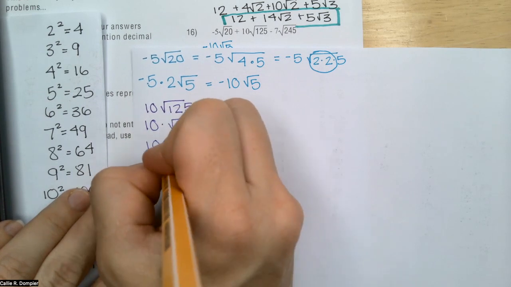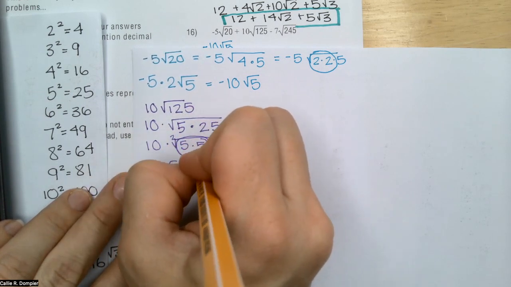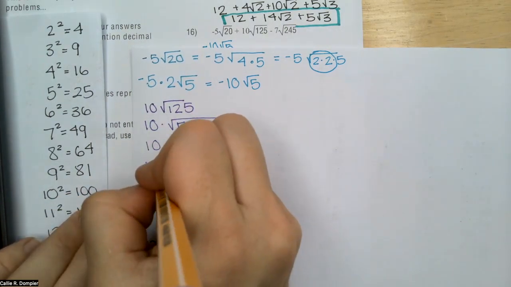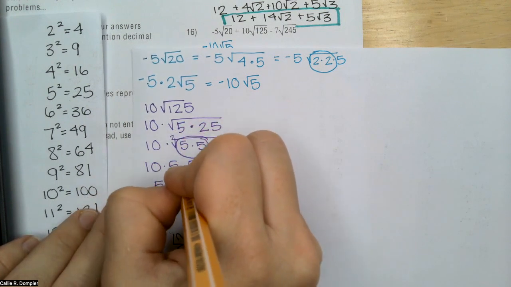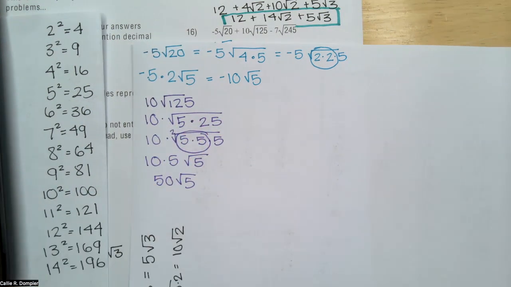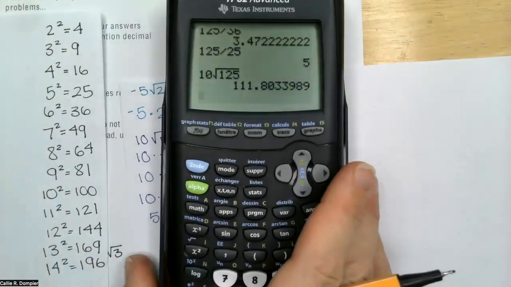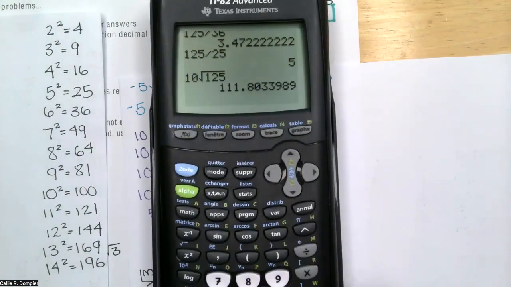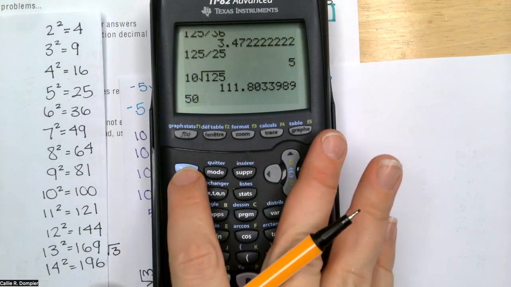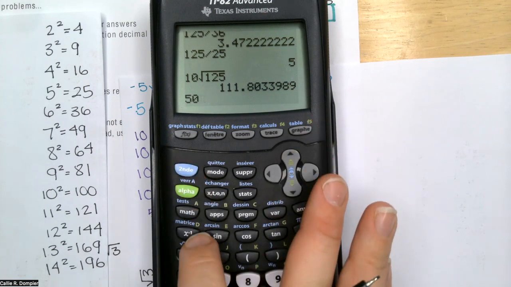So that's 10 times 5 square root 5. 10 times 5 is 50 square root 5. You can check it. 10 square root 125 gives you that answer. And then we said that that is the same as 50 square root 5.